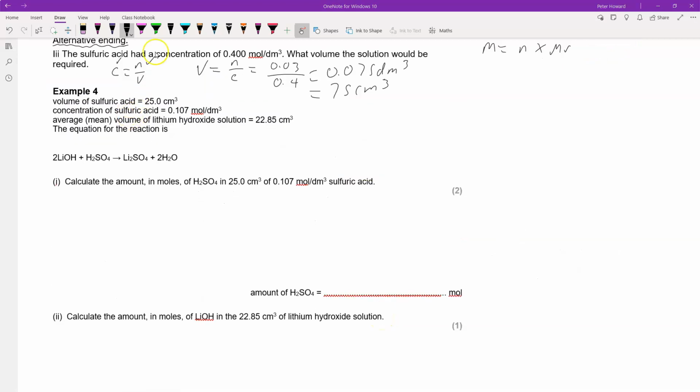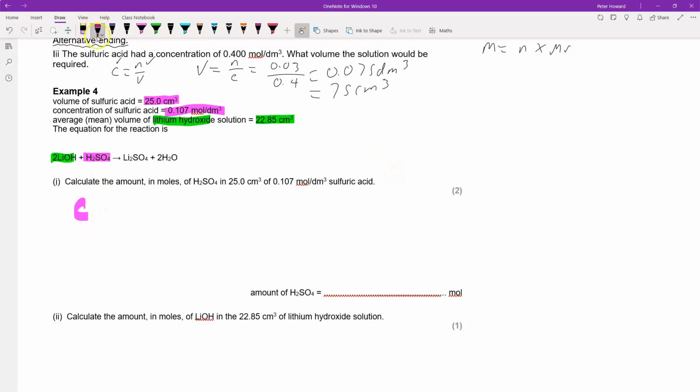Example 4 gives me a volume of sulfuric acid and a concentration of sulfuric acid. So with volume and concentration, I can work out a number of moles for it. For the lithium hydroxide, it gives me a volume. So I've just highlighted the information here on the question. It says calculate the number of moles in 25 centimeters cubed of 0.107 molar sulfuric acid.